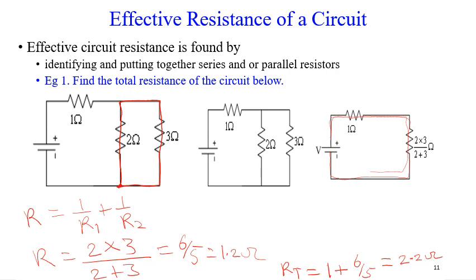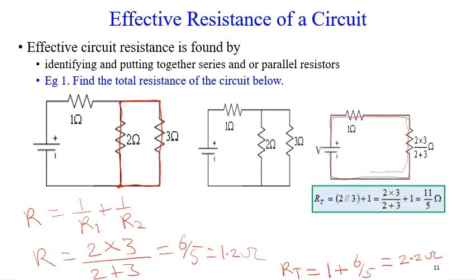I hope we are okay. So with this, we've now been able to calculate the effective resistance or the total resistance. Sometimes they'll tell you effective resistance or the total resistance. So this is just as I denoted. As we move on, you get to understand.